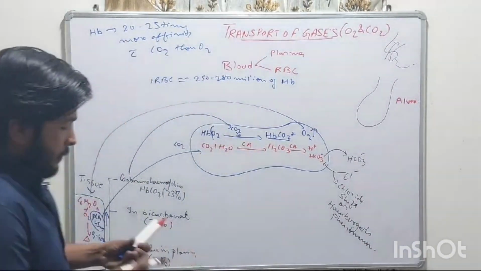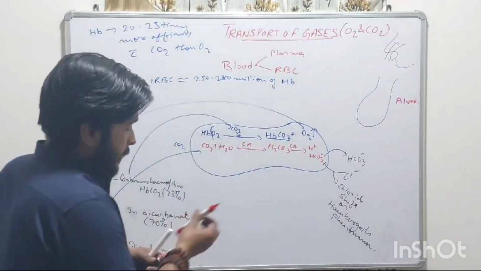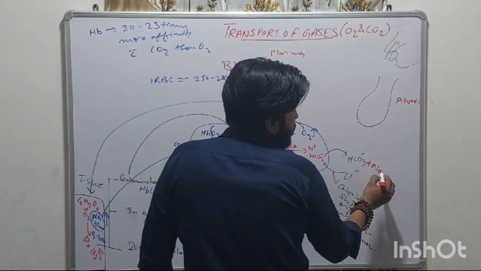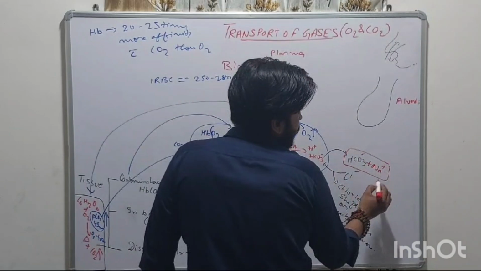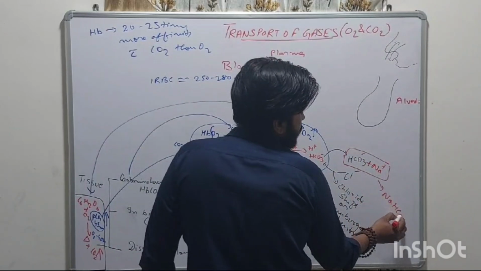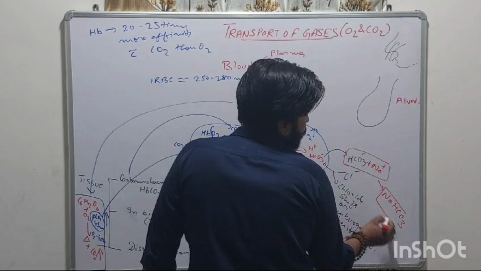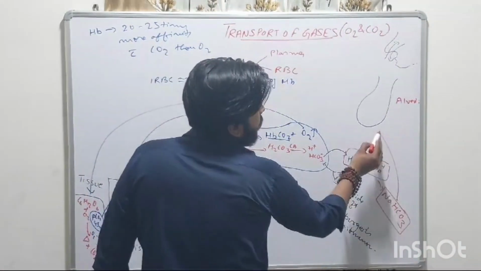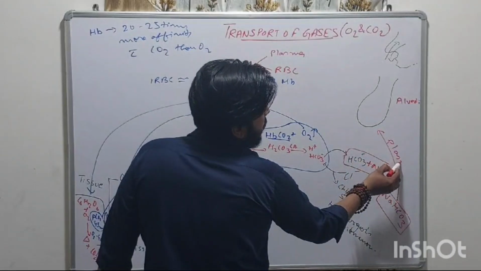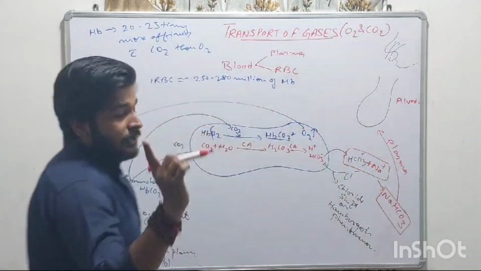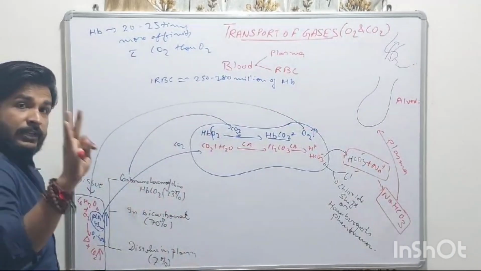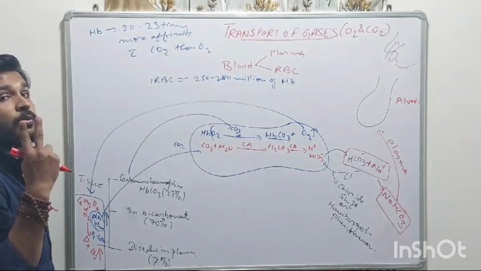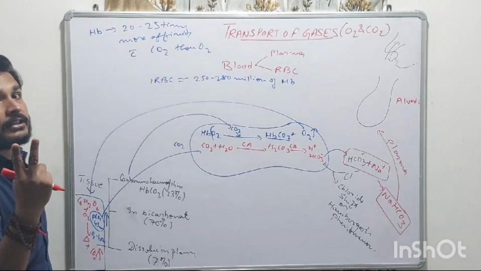Nice. So now this HCO3 gets attached with Na plus and forms NaHCO3. Now this NaHCO3 is transported to the alveoli with the help of plasma only. So again, there are three forms in which CO2 is transported, but there are two mediums by which it is transported.